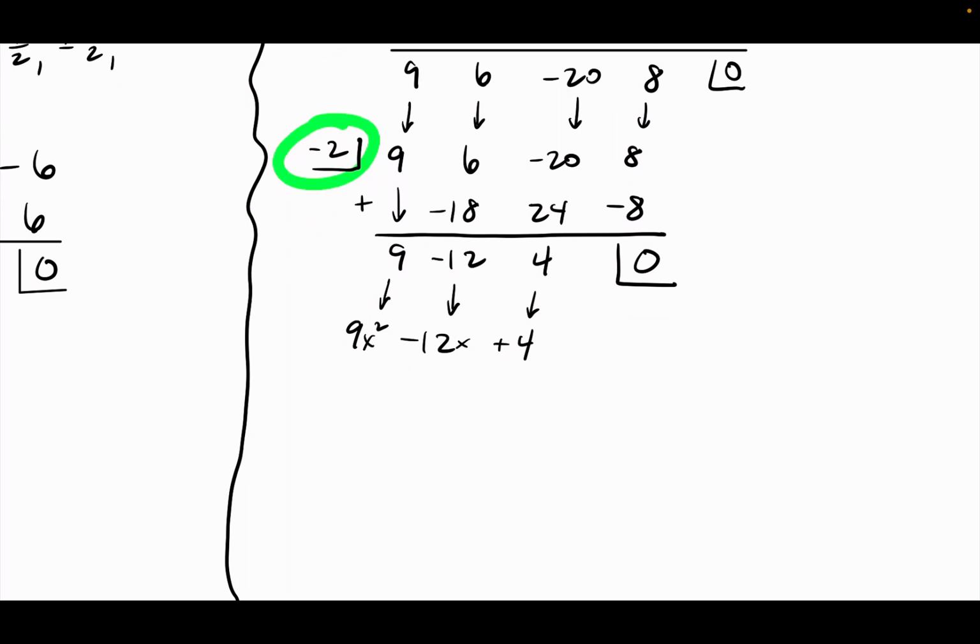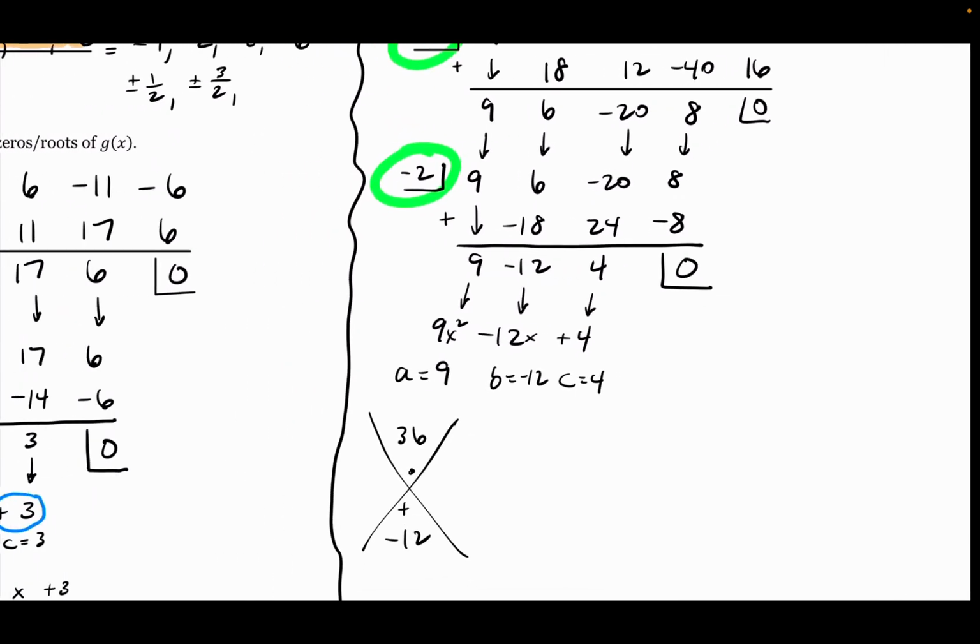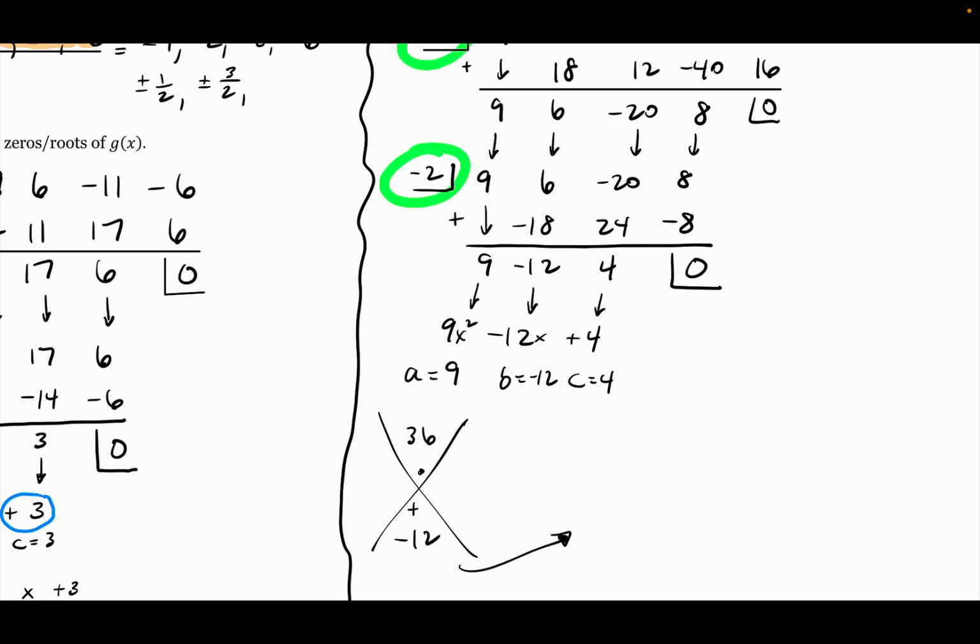Nope. ABC. So we get 9, negative 12, and 4. 36 and negative 12. Negative 6 and negative 6.